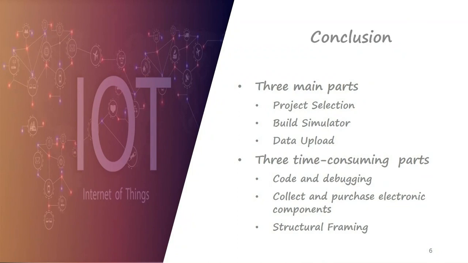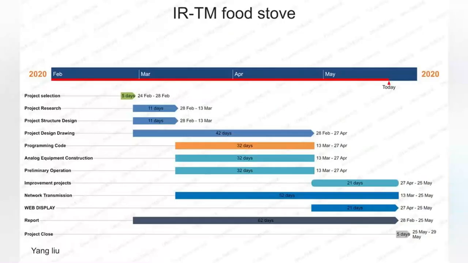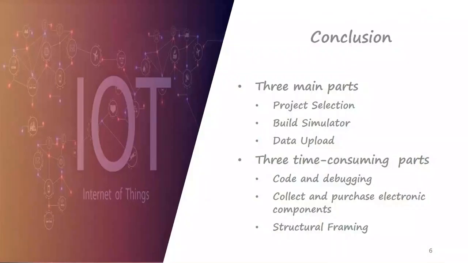My project 1, which lasted for 95 days, has now completed 90% of the whole project. The remaining 10% is to complete the report and finish it before the deadline. The whole project is divided into 3 main parts. First is selecting the project.